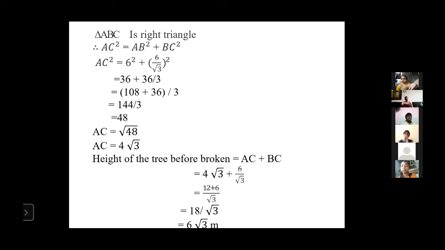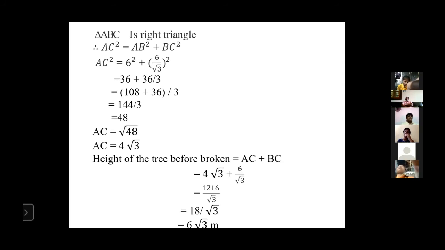Now we need to do LCM. So we get 36 into 3, 108, plus 36 by 3. Now 108 plus 36 is 144 by 3. 3 fours are 12, 3 fours are 48. So 48 is the value of AC square, not only AC.